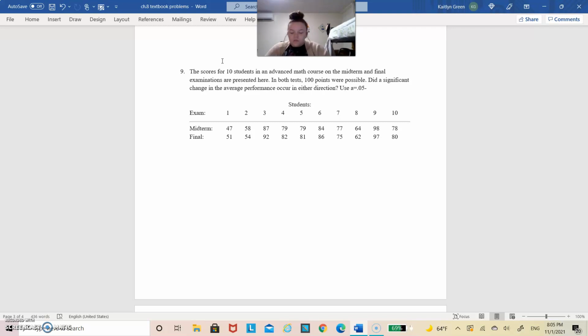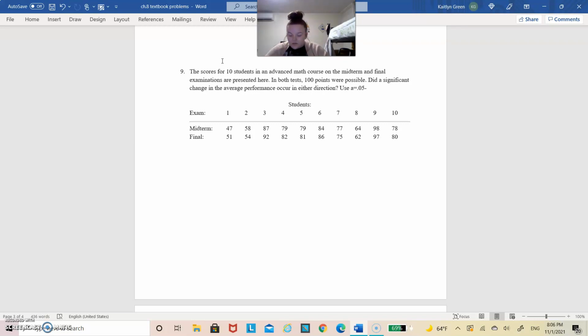On the midterm, we knew that we had an x bar of 7.51 and a standard deviation of 14.88, and we had an n of 10. And on the final, we had an x bar of 76, so not really that much improvement from the start.